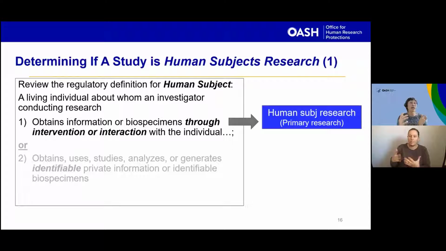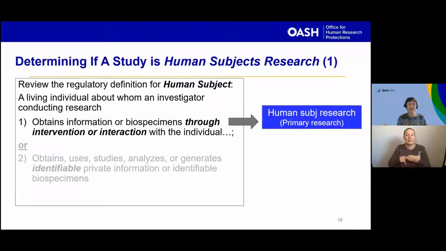Or they may subcontract to an organization that takes blood and does biopsies, and ask this organization to do the intervention procedures for them. And as a result, these agencies will provide them with the information that they want, with or without identifiers, or the biospecimens with or without identifiers associated. And then investigators get confused.